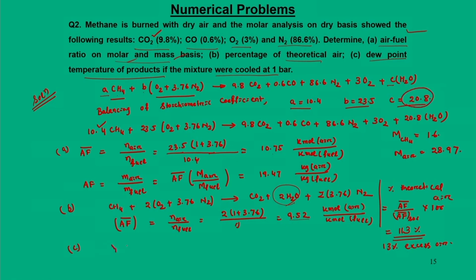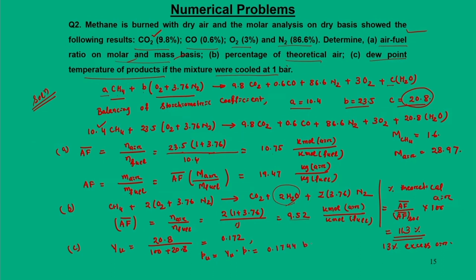So, mole fraction of water vapor is 20.8 divided by 100 plus 20.8. So, this number is 0.172. Now, partial pressure of water vapor is y_v into P. P is 1 bar.